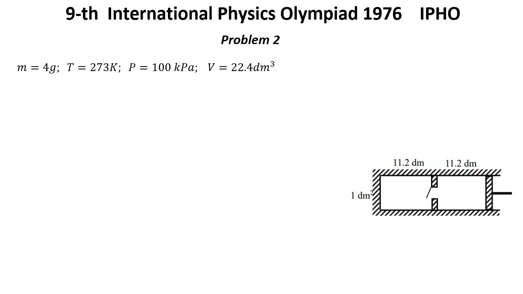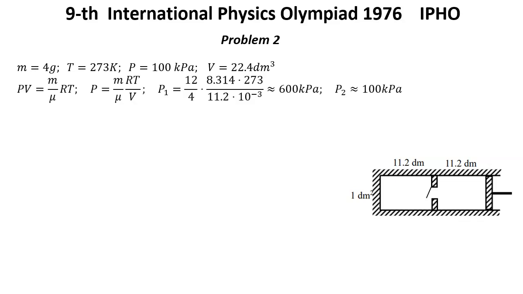It follows that initially the pressure on the left hand side is 600 kilopascal, on the right hand side 100 kilopascal. Therefore, the valve is closed, and adiabatic compression happens until the pressure in the right side reaches 600 kilopascal.